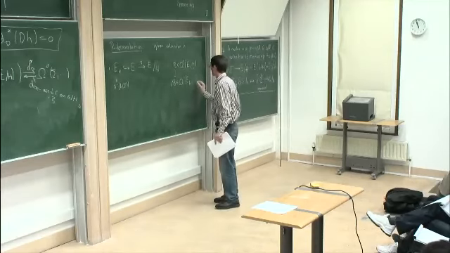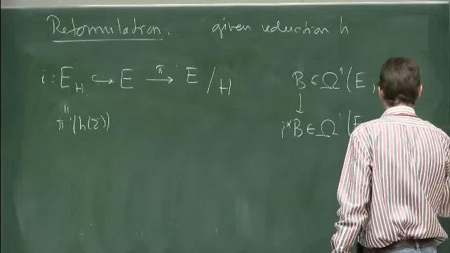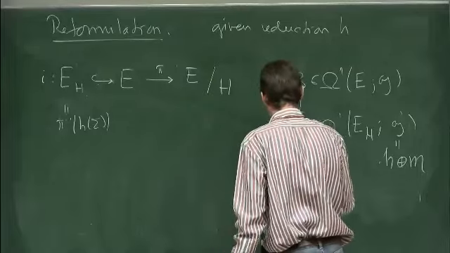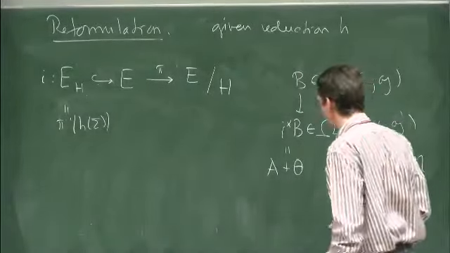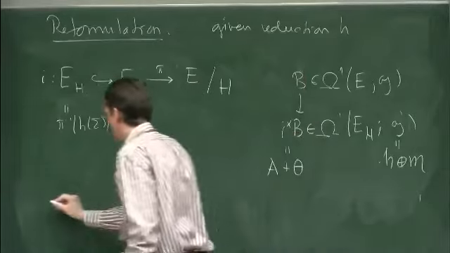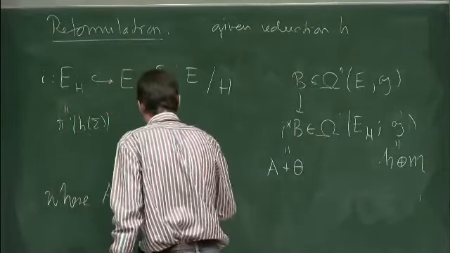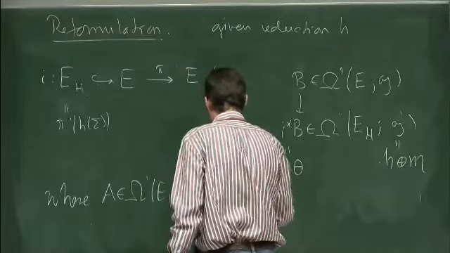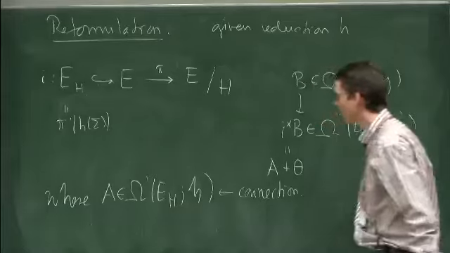Of course, this g is h plus m, so I can write this as some A plus some theta, where in fact A is a one form on E_H with values in the Lie algebra of h, and of course that becomes a connection because it's just a restriction of a connection.